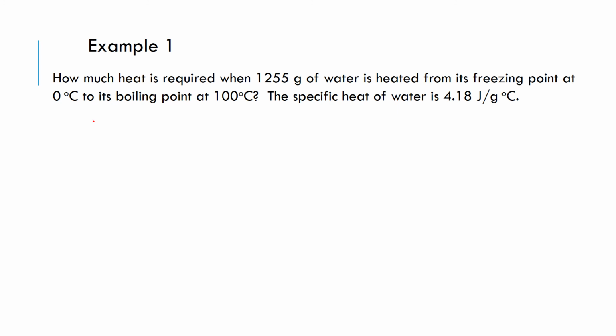All right, so we know that the equation is Q equals mc delta T. It's asking us for Q. It gives us a mass of 1,255 grams. It gives us a final temperature and an initial temperature, so it gives us delta T, and it gives us the value for specific heat.